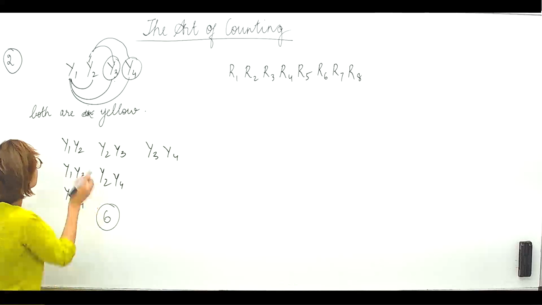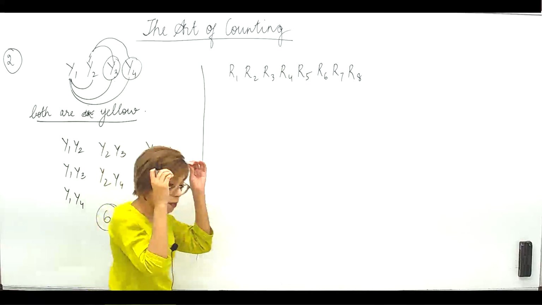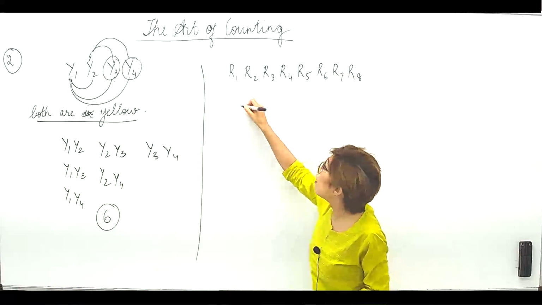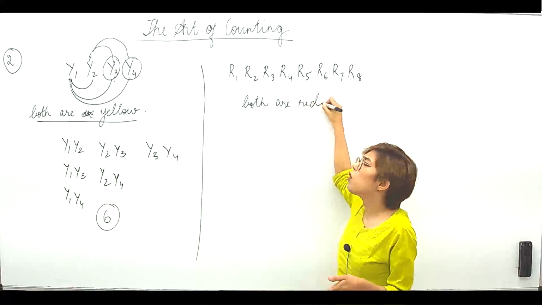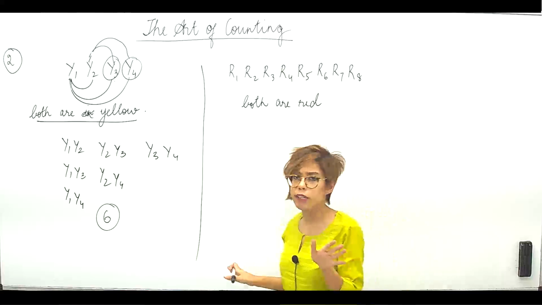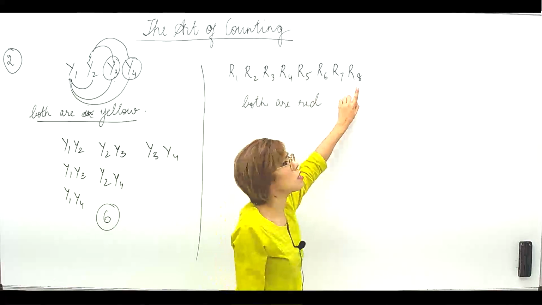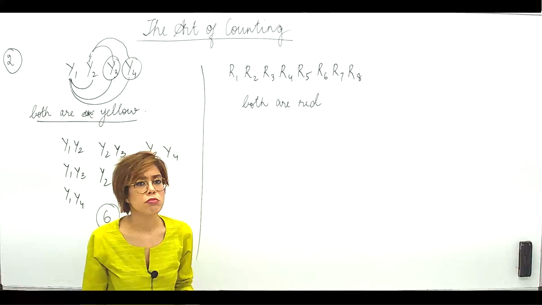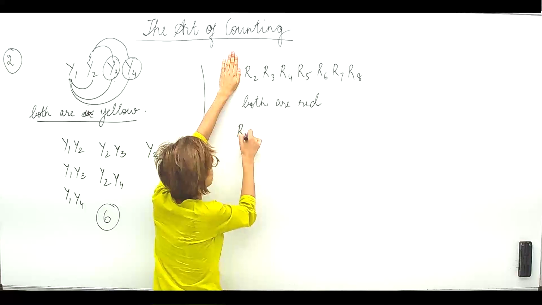Now this was the case when both are yellow. Now there might be a case, or there must be a case where both are red in color. Right? If both are red in color, they are of the same color. So it satisfies our condition. Right? So out of these 8 different roses, you need to select only 2. Okay? Let's start. Suppose I have R1. I've selected R1.